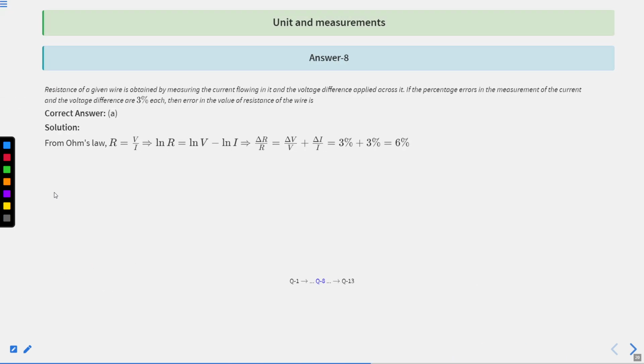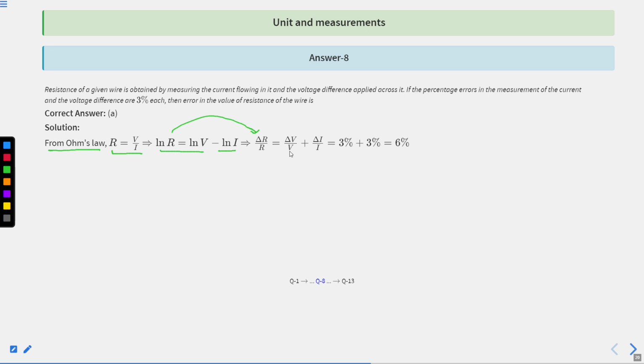Let's find a solution. From Ohm's law, R equal to V by I. Take log on both sides, then log R equal to log V minus log I. Then delta R by R, log R becomes this. Clear?